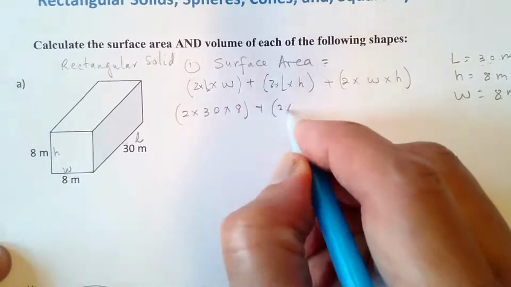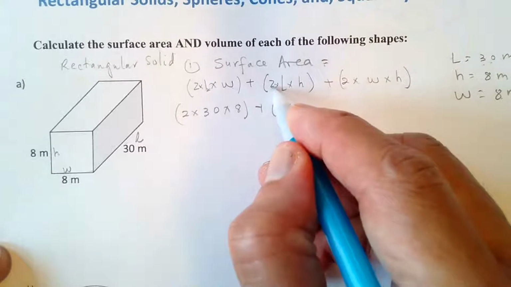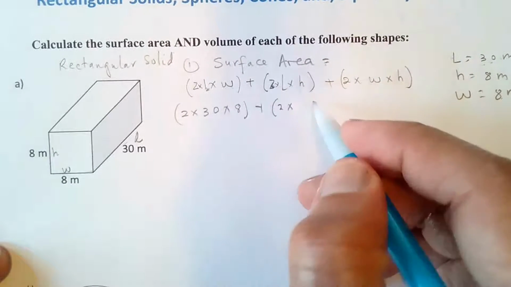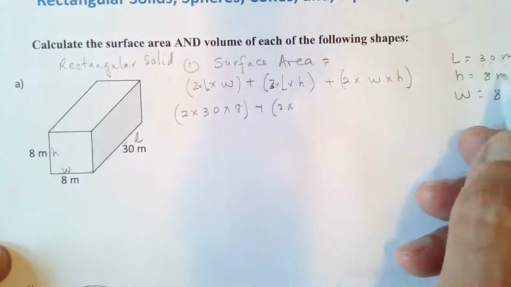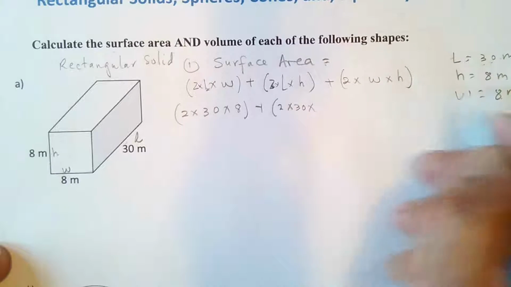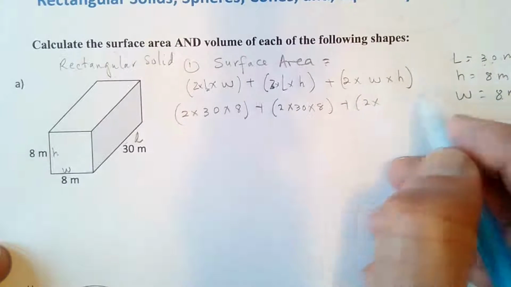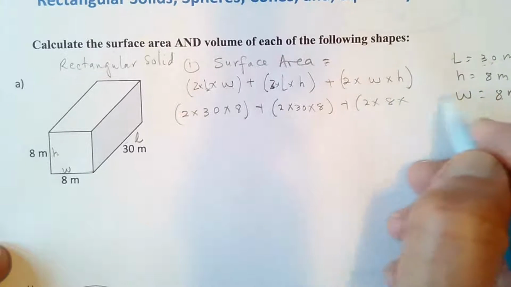Plus 2. The 2 is there because there are 2 faces with the same dimensions. The length is 30 multiplied by the height, which is 8, plus 2 times the width, which is 8, multiplied by the height, which is 8 also.